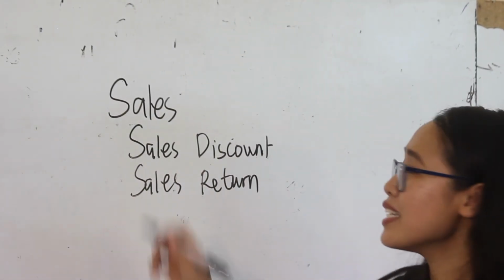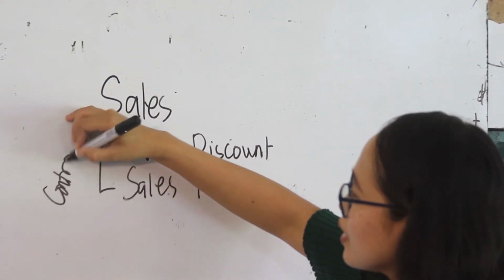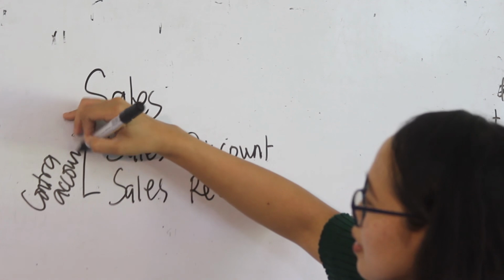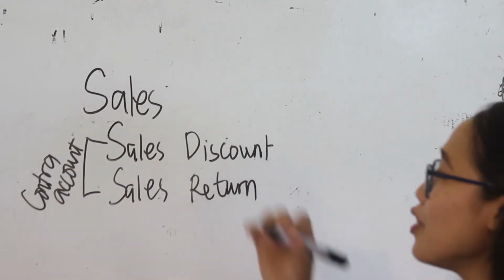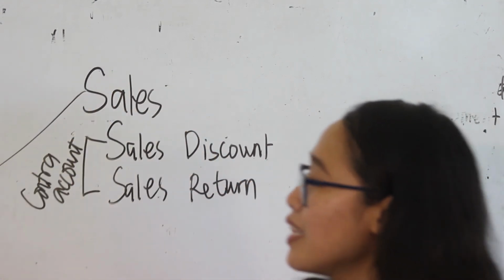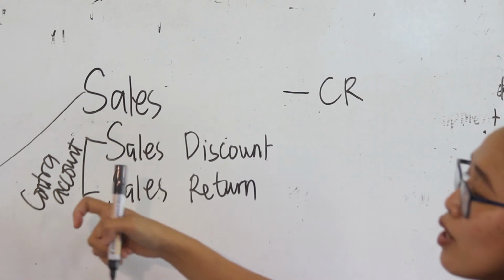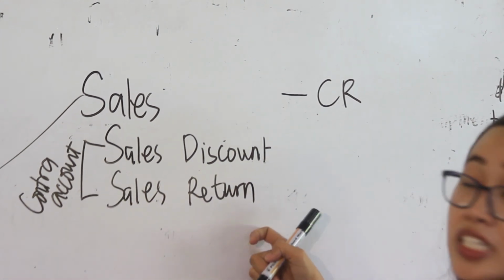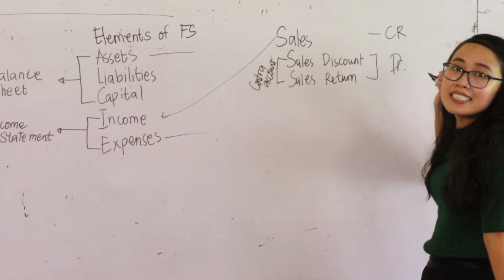Since this is a contra sales account, a contra account, the normal balance will be opposite. Once again, the normal balance of sales, because this is under income or revenue, is credit. So if it's a contra account, the normal balance will change, meaning the normal balance will be on the debit side.